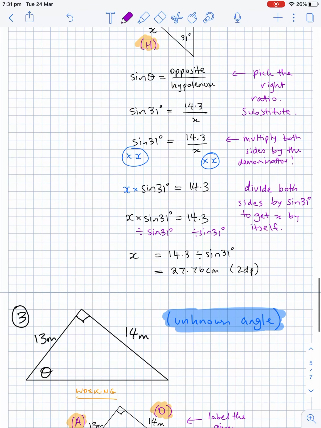And then we think to ourselves, how do we get this x by itself? Well, the opposite of times is divide, so divide by sine 31. So we shove this in for our answer, and then we put that into our calculator and we get our final answer, because remember our sine 31s will cancel in that situation to get x by itself.